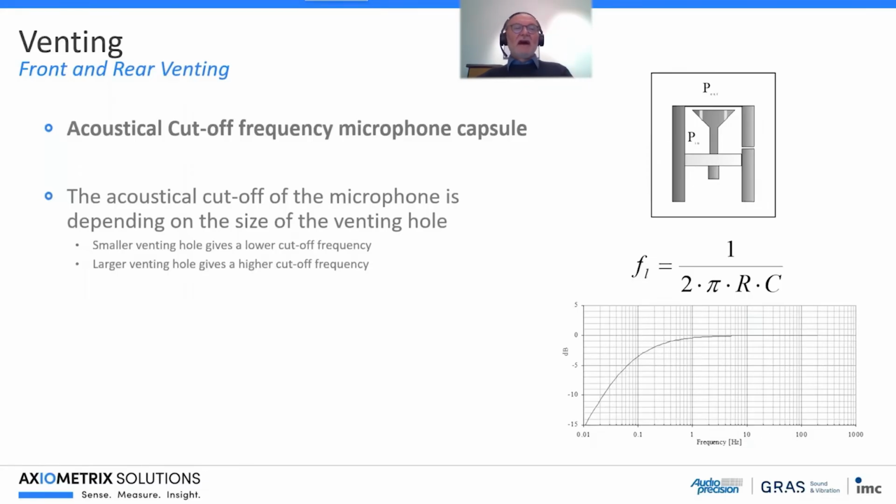If we have a large hole, then we will have a much higher cut-off frequency, and we will not be able to measure low frequencies. This can also be described in a standard RC network, where we have R and C.